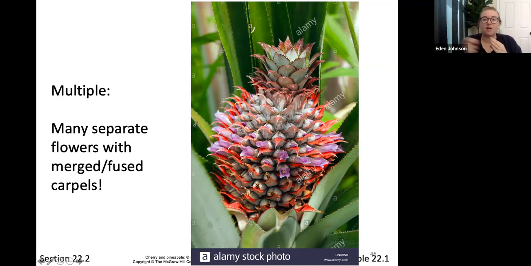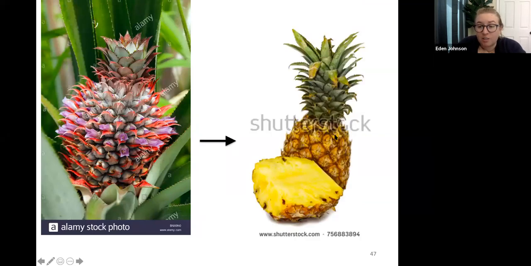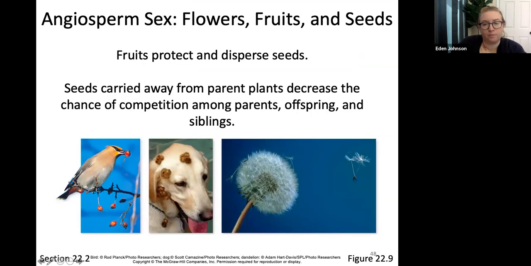So by pollinating all of these, you're making one fruit from a whole bunch of carpels that were all fused, okay? All right, so here, in fact, you can even see these flowers on the outside. How crazy is that? They're all bunched together and they're fused in the middle. Multiple fruit.